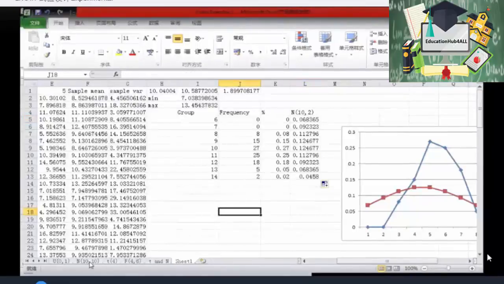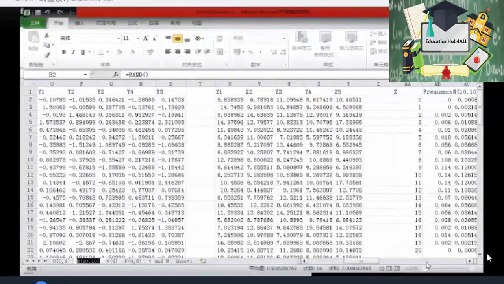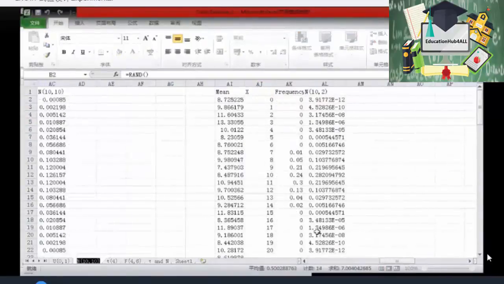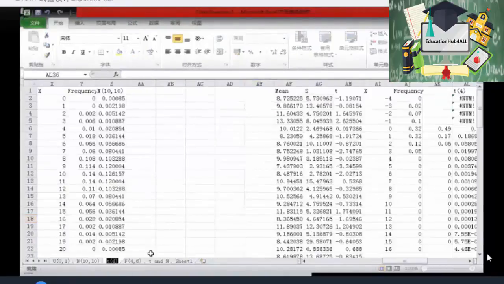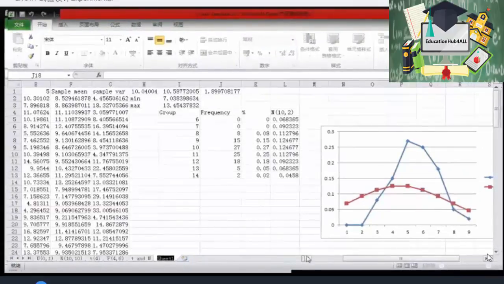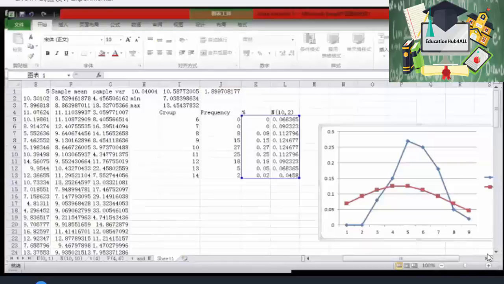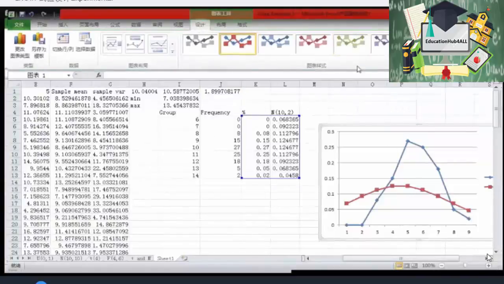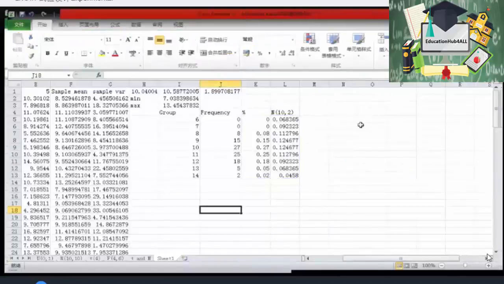Let's see what's the distribution here. For clarity, I remove my figure.